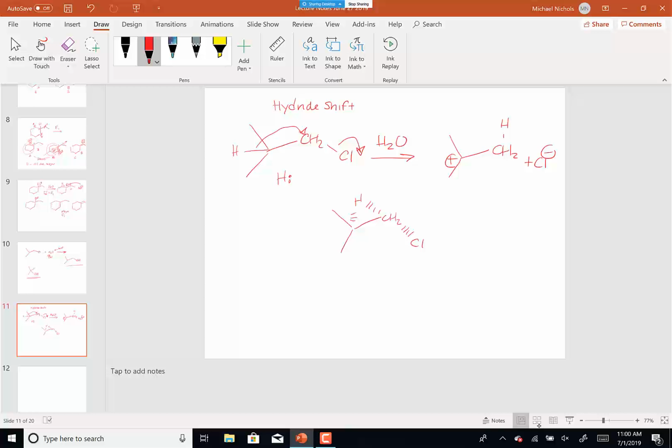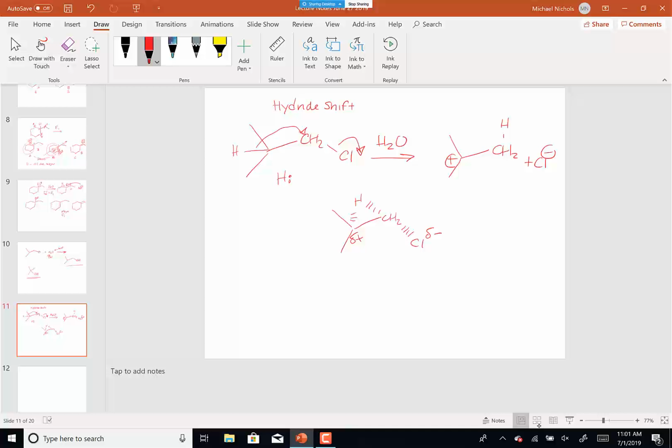That hydrogen is partially bonded to both of those two carbons. So it shifts over. This carbon is slightly positive because it's becoming a carbocation, and the chlorine is becoming slightly negative. So that's what the transition state would look like, that triangle.